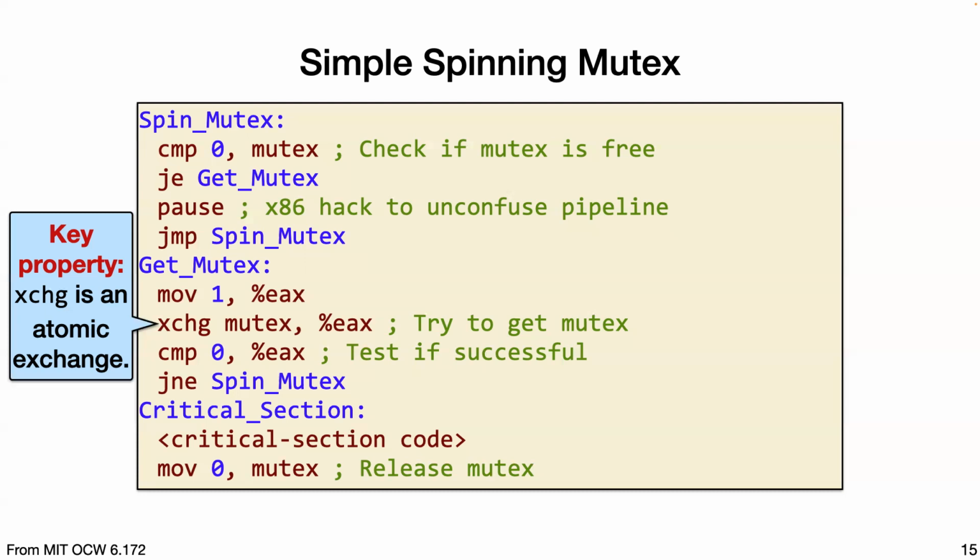When you execute instructions, there's some instruction pipeline with different sections, and pause is some performance optimization in that pipeline. I guess another way to think of it is like a little bit of wait, to ensure that you don't just keep trying to get it.